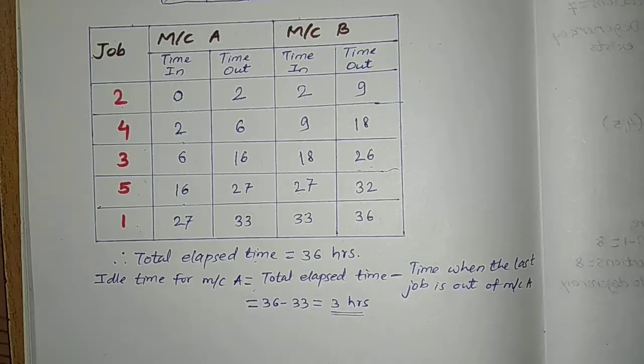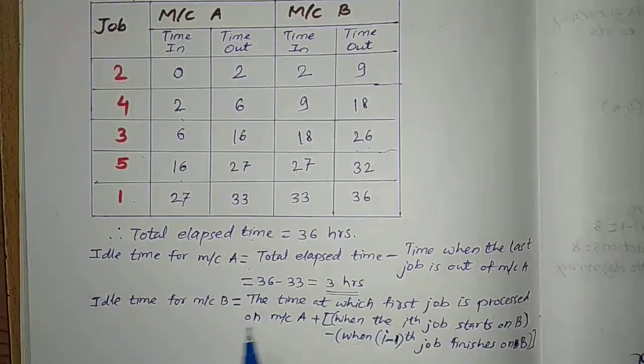Now let us find out the idle time for machine B. So I will first write the formula to calculate the idle time for machine B. Friends, this is the formula: the time at which the first job is processed on machine A, that means this machine will be waiting till the first job is processed on machine A, plus its waiting time, which we have to calculate for each of the jobs.